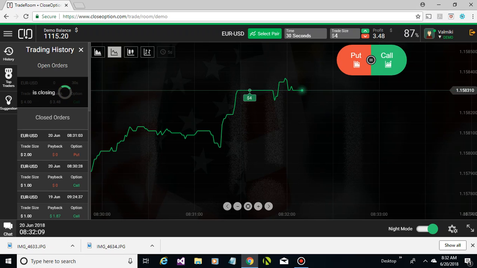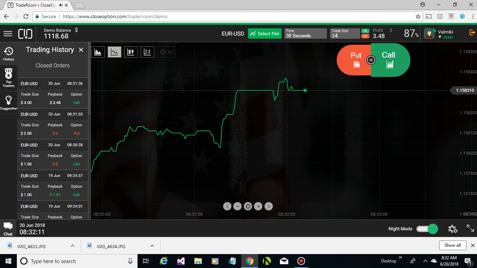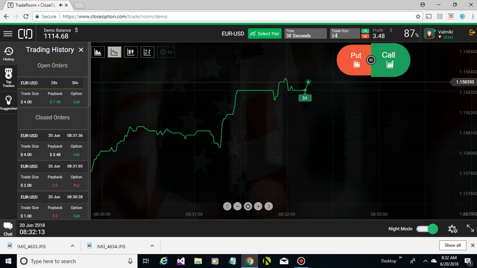So for a push, we use the same trade size in the same direction. I know we're going to take a small loss because of the 13% commission, so gains are going to be pretty slim on the next trade because we've got to account for that 13% on the previous trade.